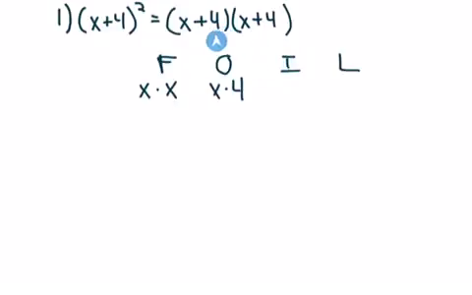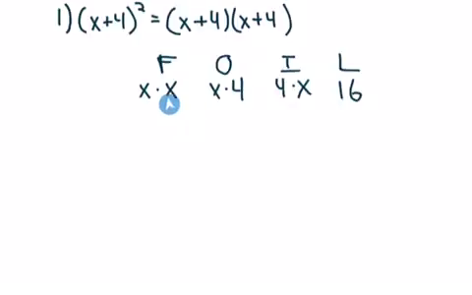So inside this expression, I've got a 4 and an x. So I do 4 times x. And then I want to multiply my last terms in each binomial. So I've got a 4, that's the last term in this binomial, and then a 4, that's the last term in this binomial. 4 times 4, that's going to give me 16.